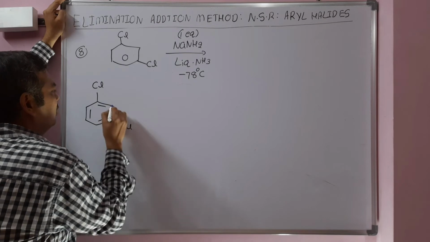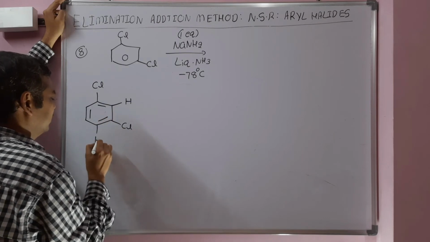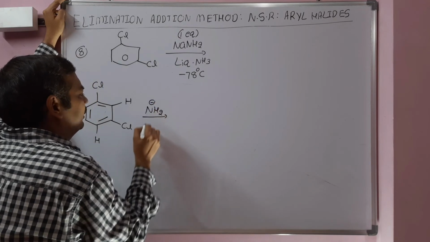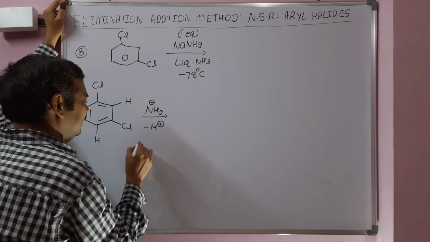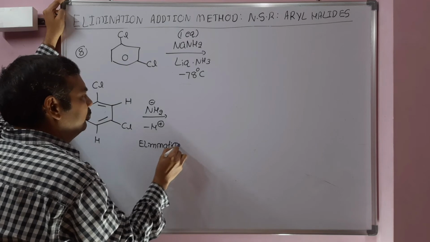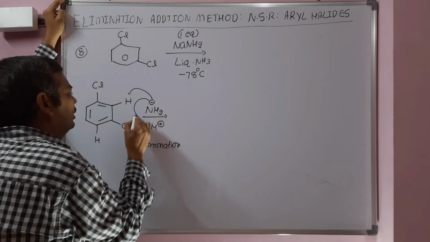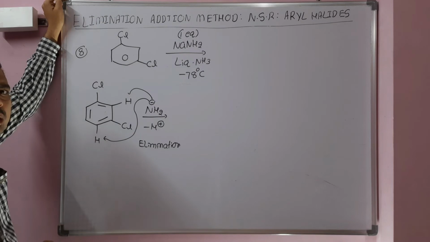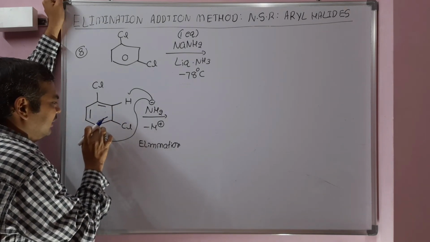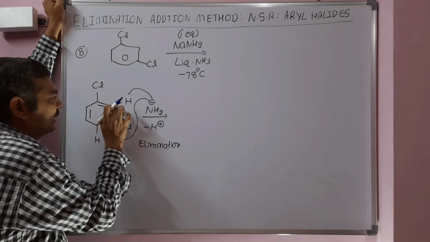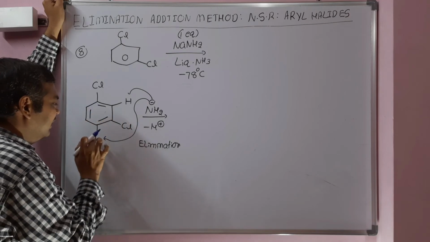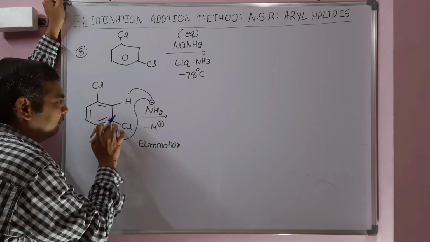Here, with chloro, there are two available beta hydrogens, and both are not equivalent. The first step is elimination, minus H plus. In the first step, NH2 minus abstracts a proton here, or NH2 minus abstracts a proton there. In one case, the carbanion is here, and expulsion of the leaving group gives benzyne here. In the other case, the carbanion is there, and expulsion of the leaving group gives benzyne there.